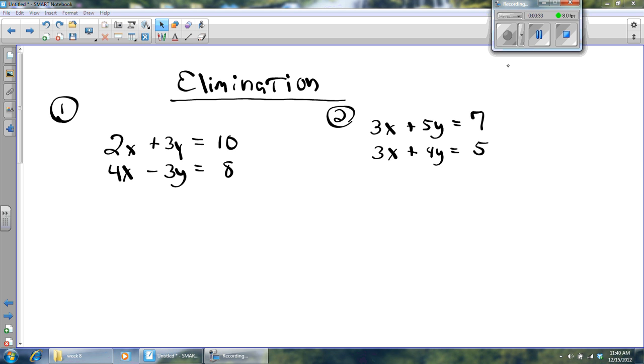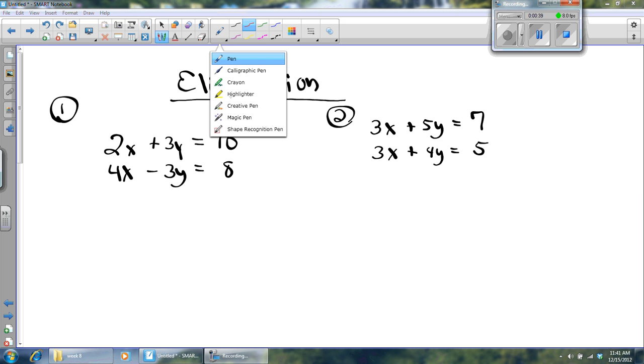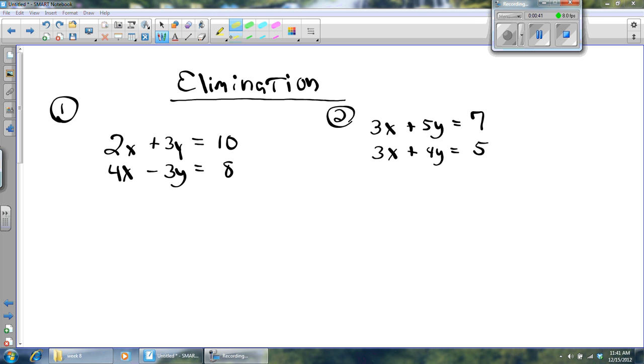All right. Now let's take a look at this first system here. You notice that these coefficients right here on y, I've got a plus 3y and a minus 3y. Those are inverses of each other, right? Additive inverses.